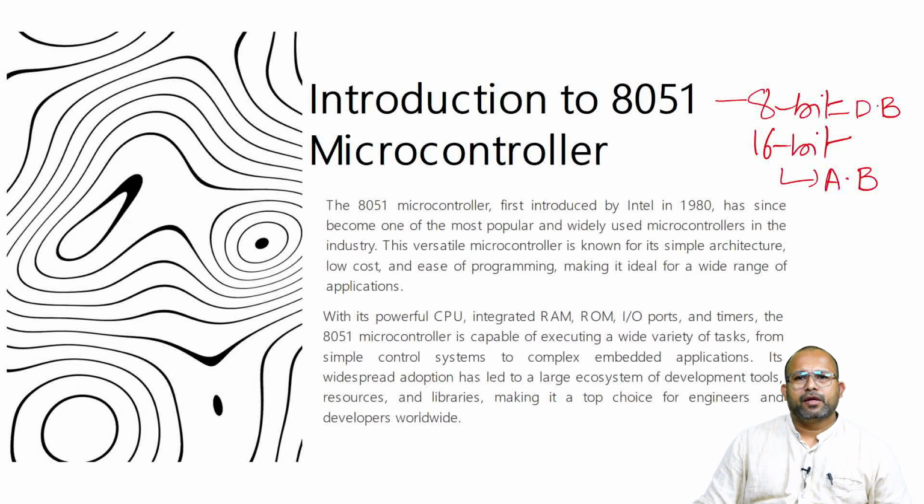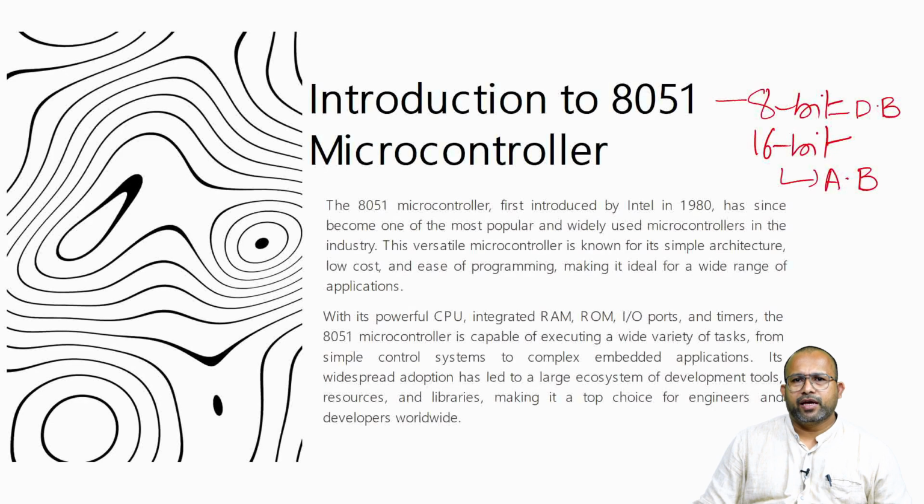That means it can perform 8-bit operations in a single instance, or a single clock pulse time period. So, it has 8 data lines and 16 address lines.